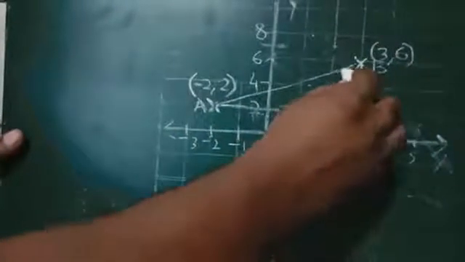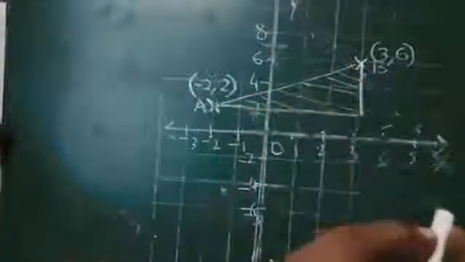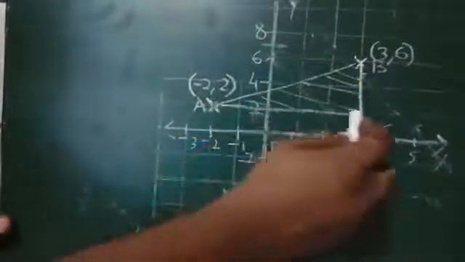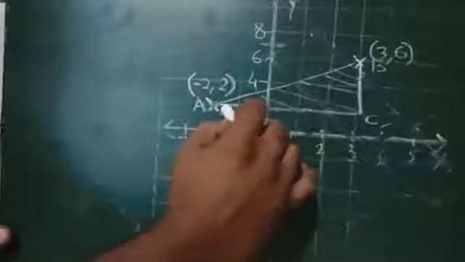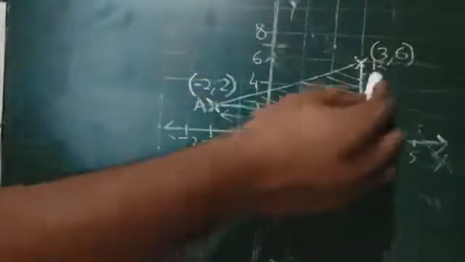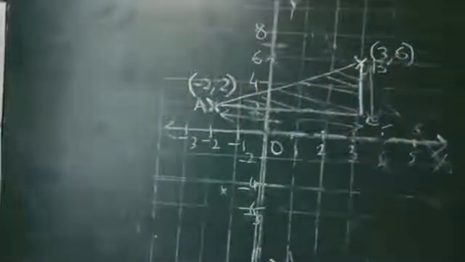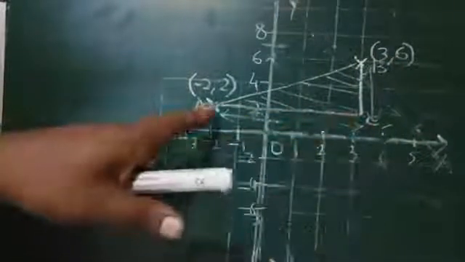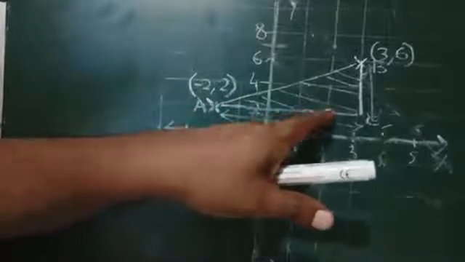We complete a right triangle. Then let this point be C. We find the length of AC and that of BC.